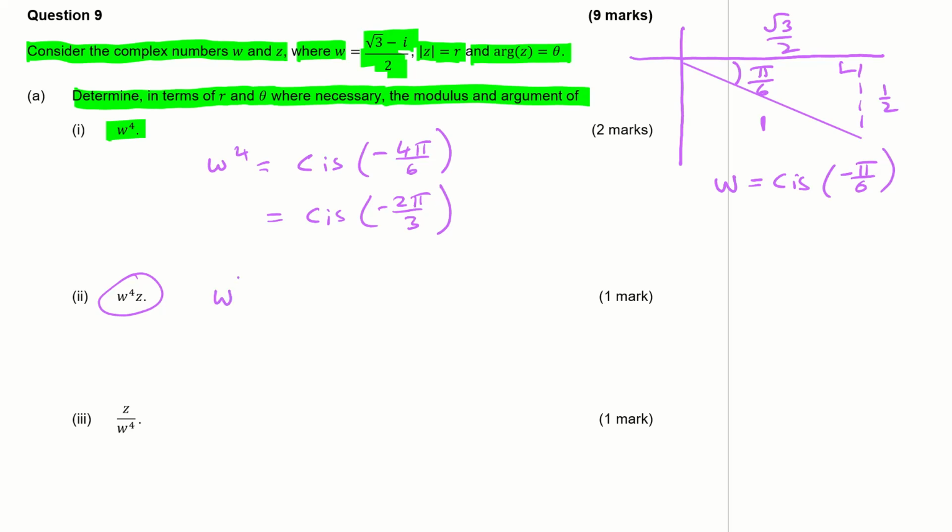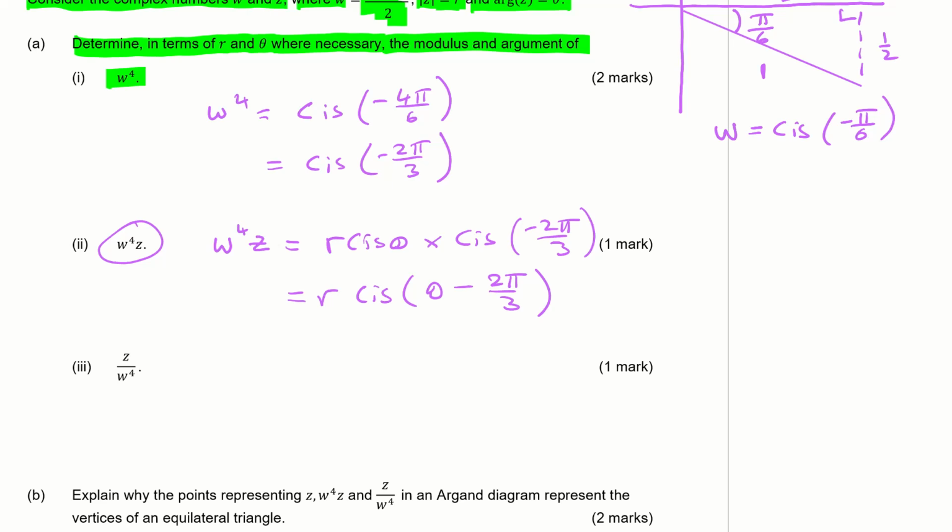We then want w to the 4 z. So w to the 4 z would be r cis theta multiplied by cis negative 2 pi by 3. So that is going to be r cis (theta take away 2 pi by 3).